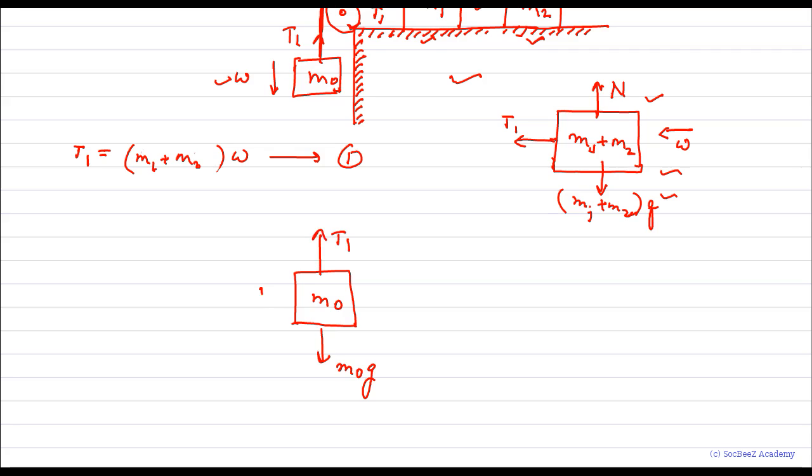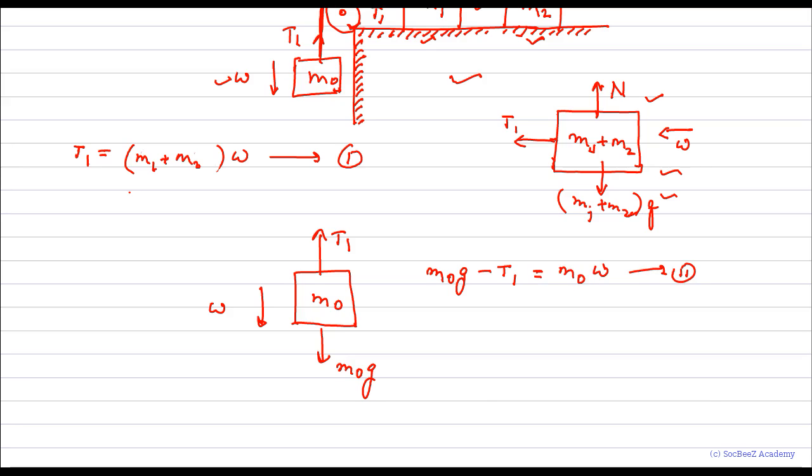This body is also moving downwards with an acceleration of W. So the force equation is m naught into g minus T1, because T1 is acting in the upward direction, must be equal to m naught into W. Let's say this is my equation 2.